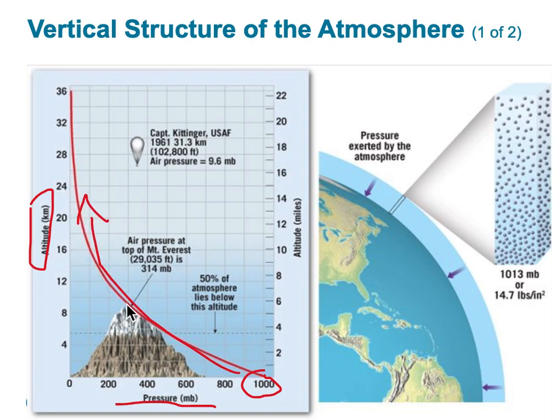And here it gives an example of the air pressure at the top of Mount Everest. It says here the air pressure at the top of Mount Everest is 314 millibars. And then if you're going up, and this is a weather balloon, I believe, the air pressure at this altitude is 9.6 millibars.